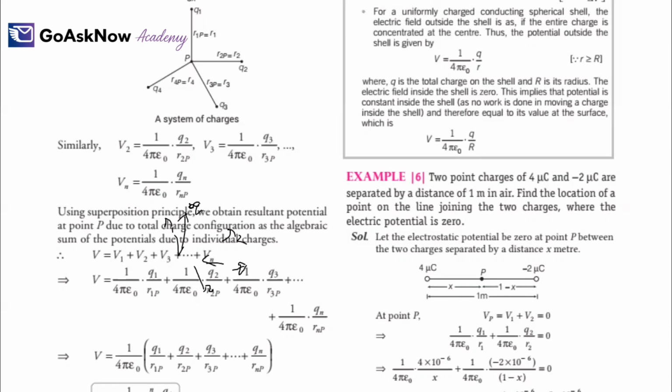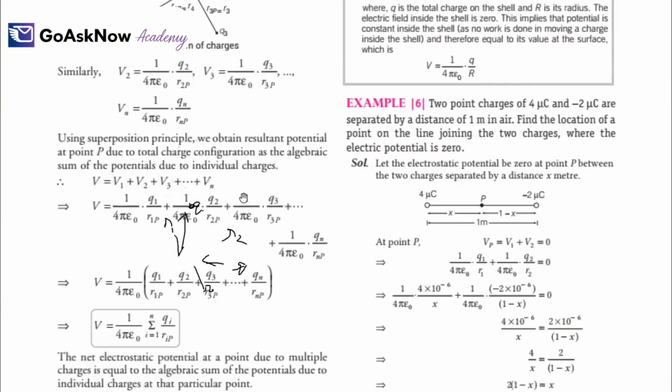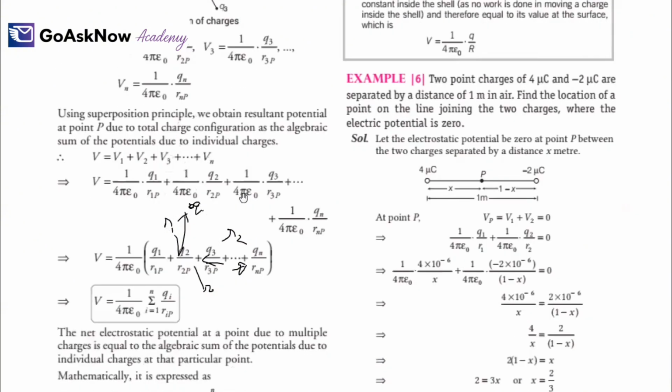We will get KQ1 by R1 plus KQ2 by R2, like that only. So that expression will finally be written like this: K times the summation from i equals 1 to n of Qi upon Ri. That is your expression.